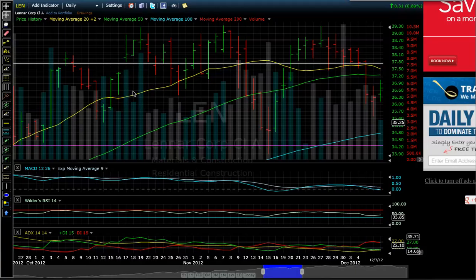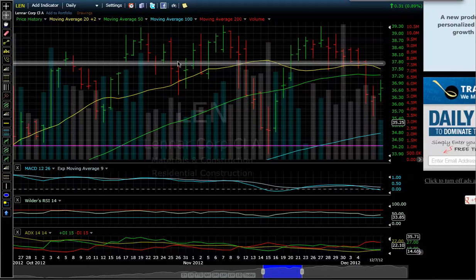It fails, jumping higher, engulfing the previous day below the support line, but bouncing off the 20-day, holding the 20-day on this day, still holding the 20-day on this day, getting back above, trying to break back above resistance. This is what you call a false breakout, but it's still tradable.